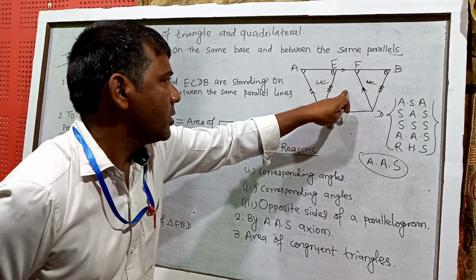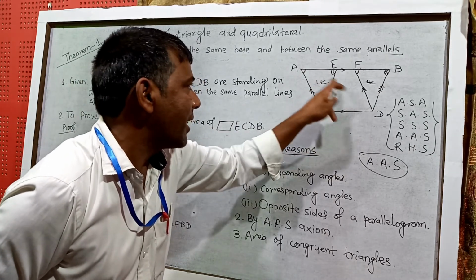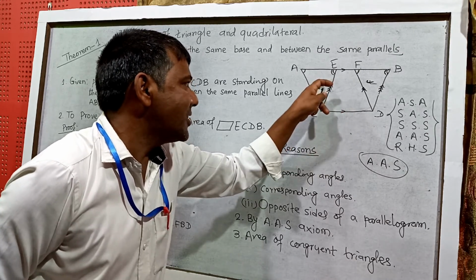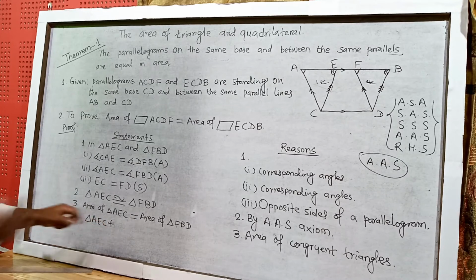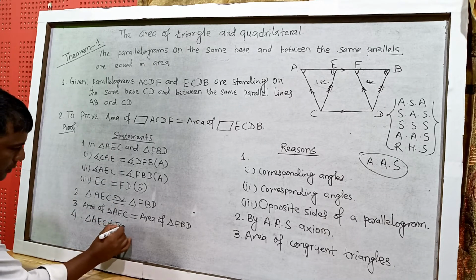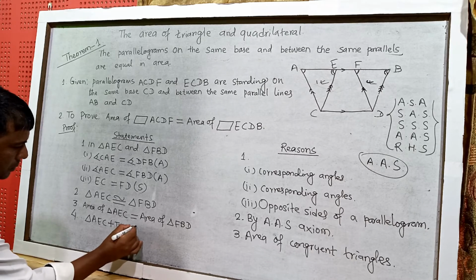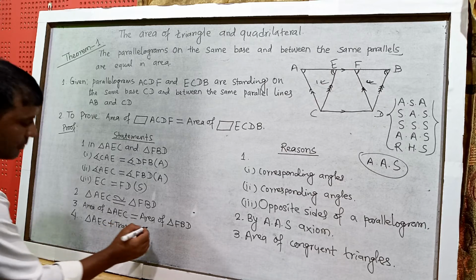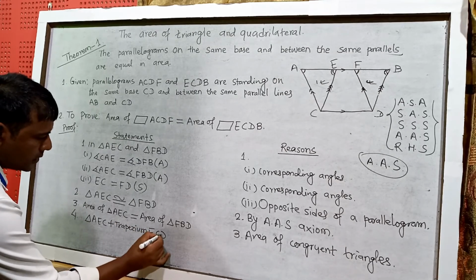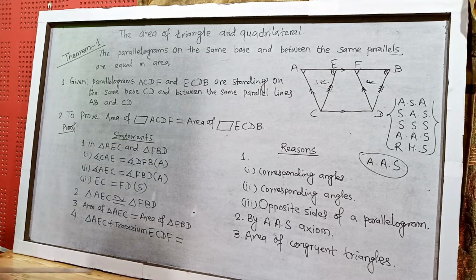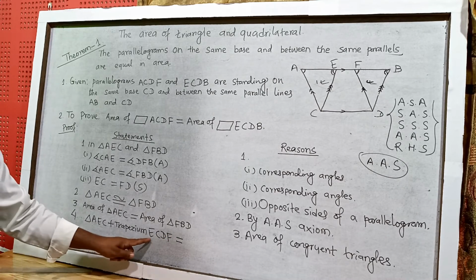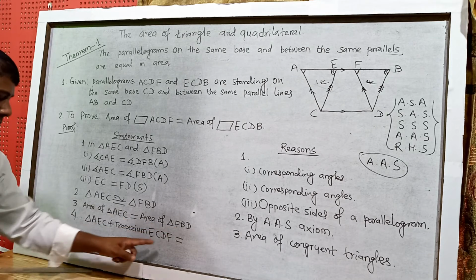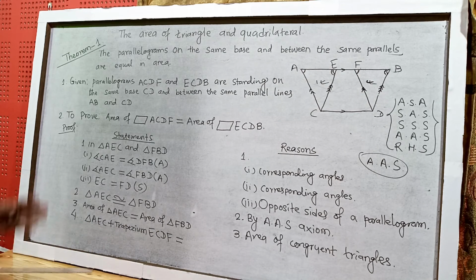Let's add this trapezium ECDF with this triangle. We added the trapezium ECDF on this side, then on this side also we should add the same, then they can be equal.